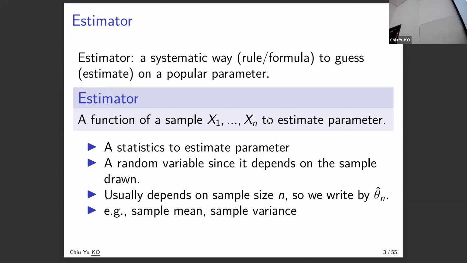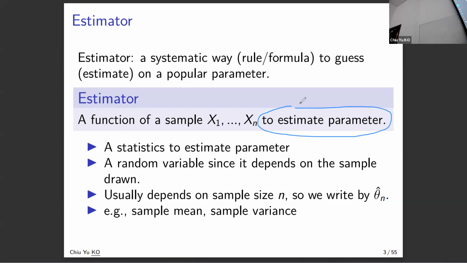And this is actually a statistic, right? A statistic is a function of random variables, okay? But if you use it to estimate a parameter, that is called an estimator. So the difference between statistic and estimator is the last three letters: to estimate a parameter. If you're not estimating anything, it's just some statistic, some random function of your random sample.